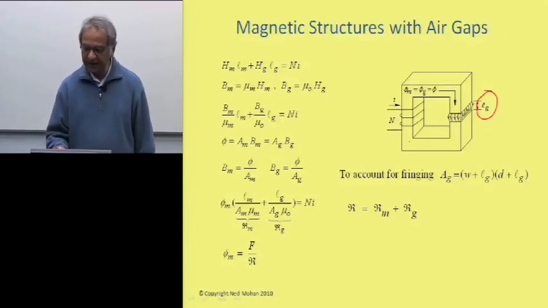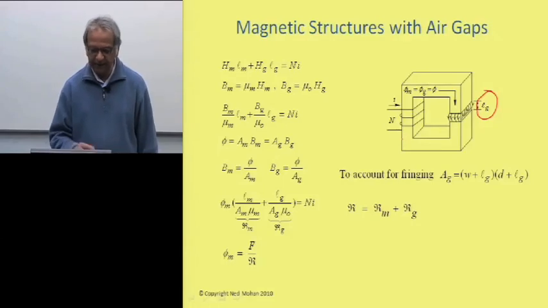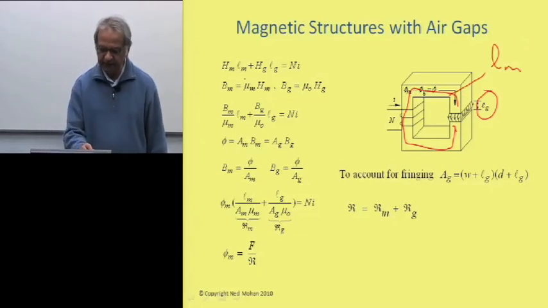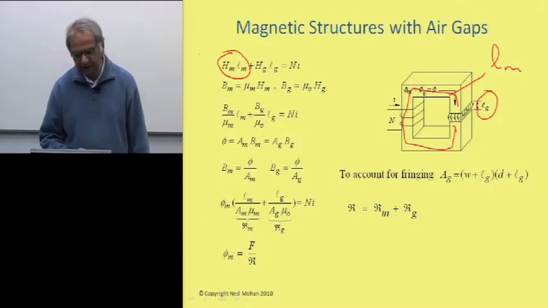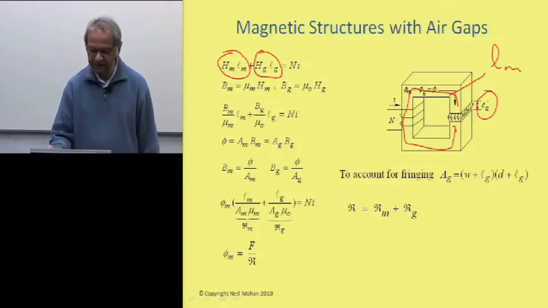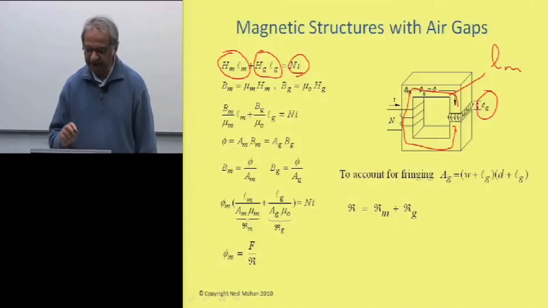And so let's apply Ampere's law and again talk about mean path length here in the core itself. This mean path length here is L sub m. So you can see that applying Ampere's law, you have the magnetic field intensity in the core multiplied by this mean path length, plus the magnetic field intensity in the air gap times the air gap length L sub g, should be equal to N times I, the Ampere turns that we are applying, right?